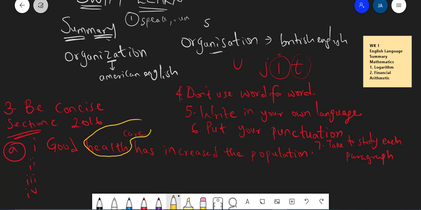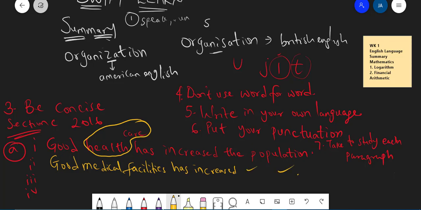I want something different that is not in the book, but conveys the message in the book. I can just say, okay, using the words good medical facilities. Though there are times you can't do without using some keyword in the book. So increased the world's population.